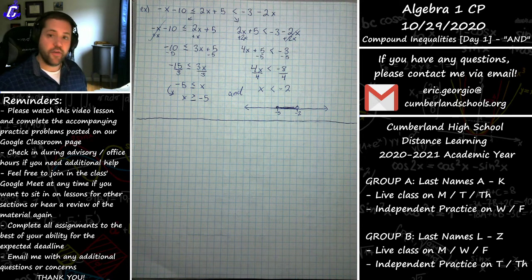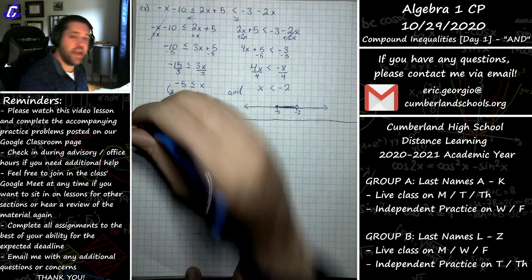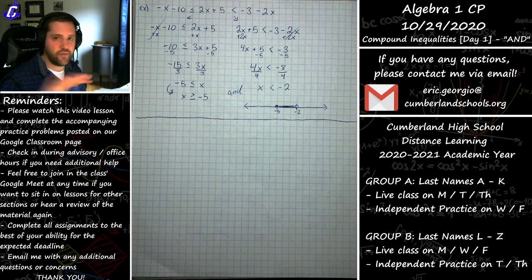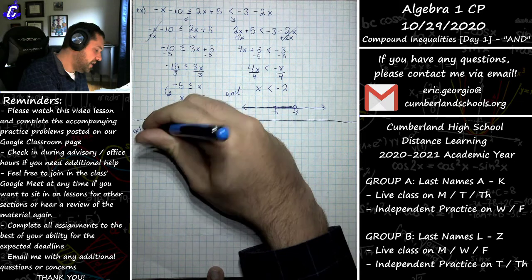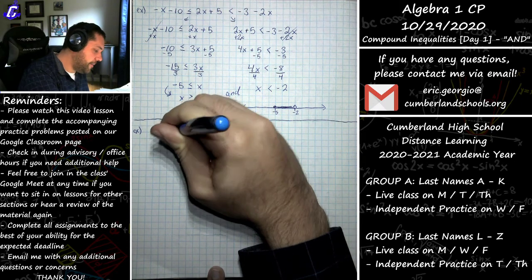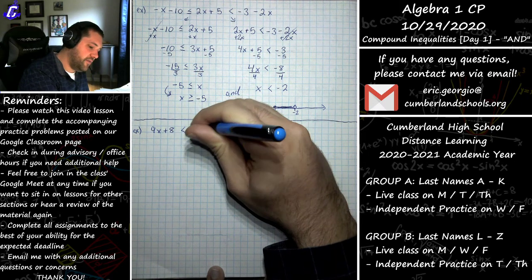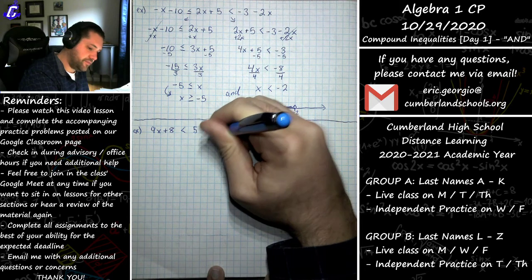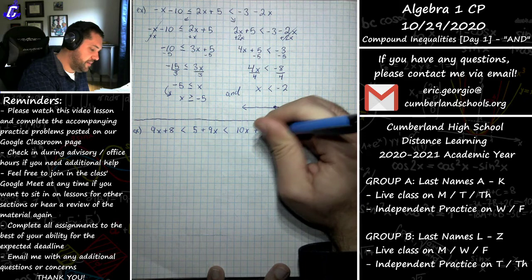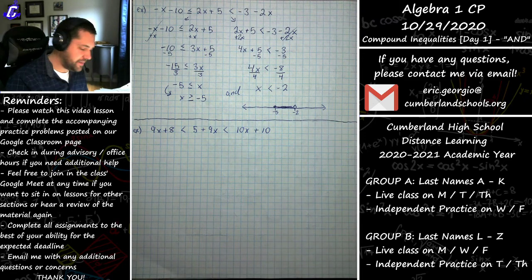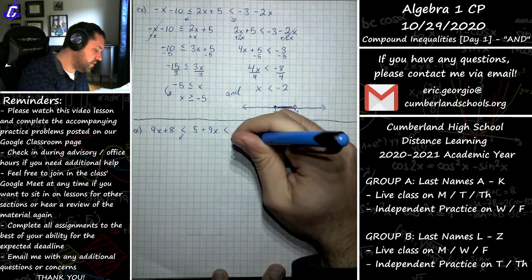All right. The first way is if your inequality just happens to fail right off the bat. What I mean by that is, consider a problem like this. If I had 9x plus 8 is less than 5 plus 9x, which is less than 10x plus 10. Just like my previous problems, if I tried to break this apart, no problem.